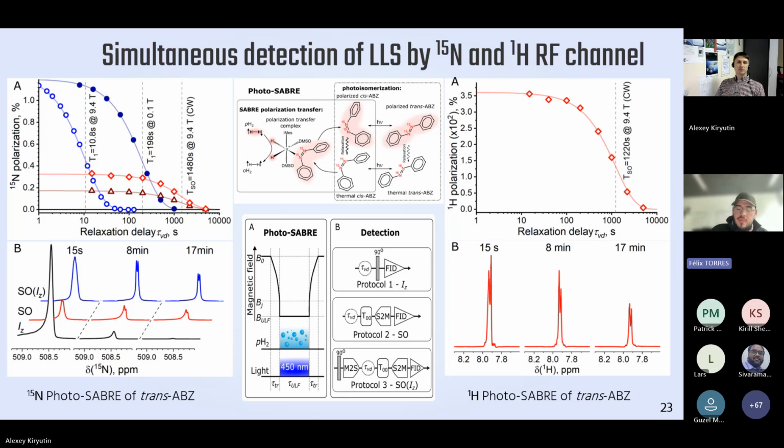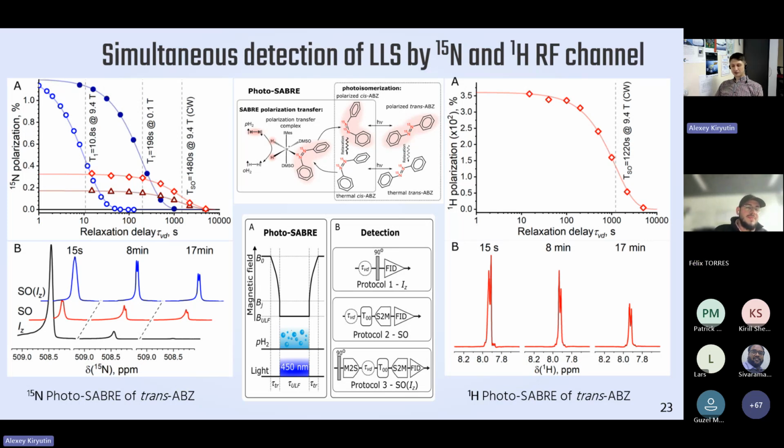And in photo-CIDNP, for instance, you can simply recycle polarization, to the limit of bleaching, by pulsing the light again and again. Is that possible with the field cycling and the para-hydrogen bubbling? Would you be able to do that with your system, to bring the sample up and down?